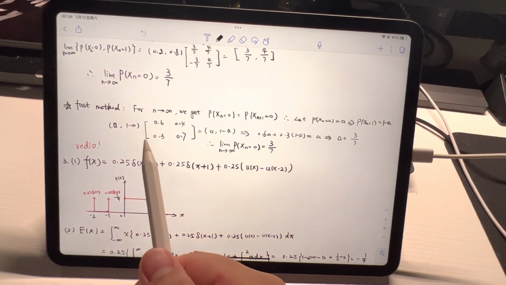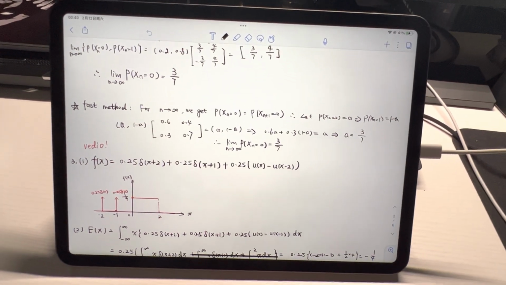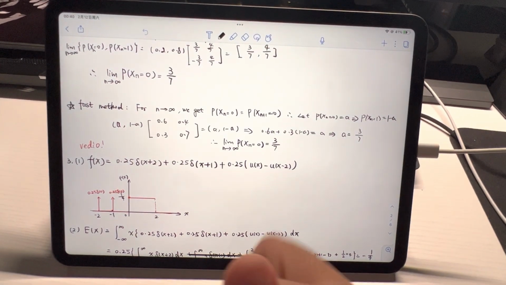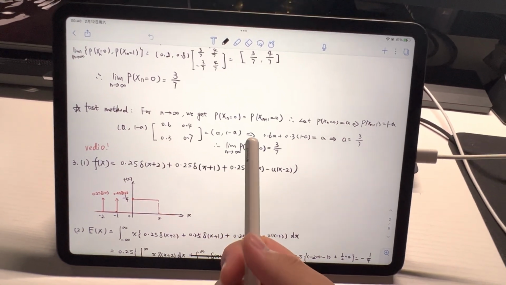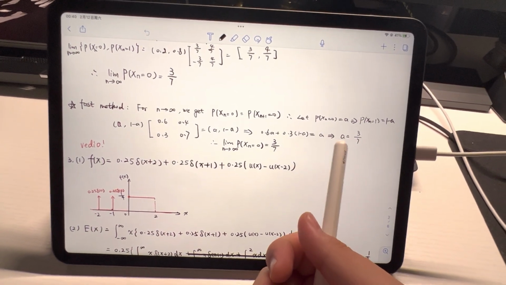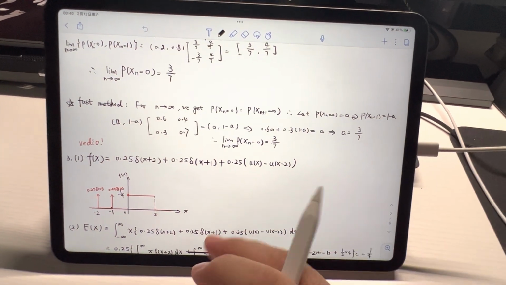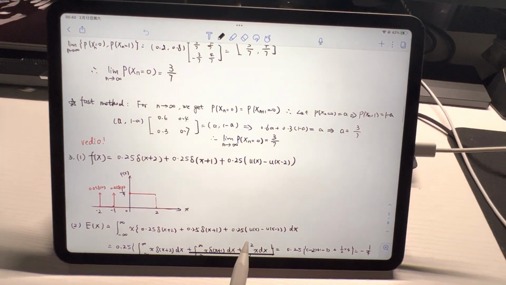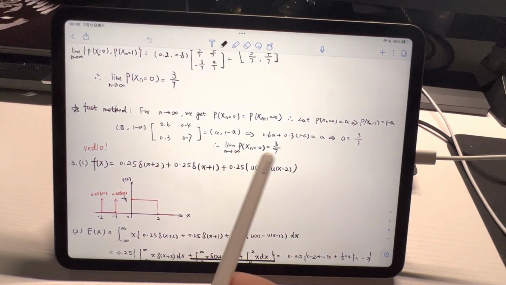So we use this matrix multiplication to solve this value, and we solve that the value of a equals 3/7. So we get this answer.